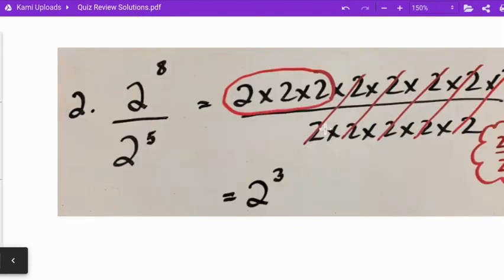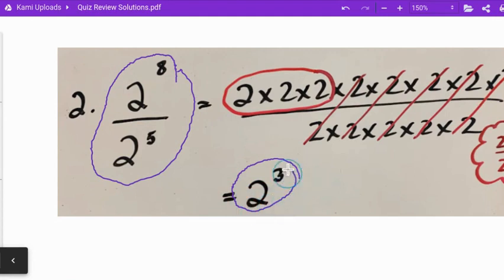So we do that by recognizing that these pairs of 2's that are being crossed out in red, they equal 1. So we can cross these out. They just cancel out because they don't affect the answer. And we're left with 3 2's in the numerator. So we've just proven that this expression is the same as 2 cubed, because this is 2 times 2 times 2.